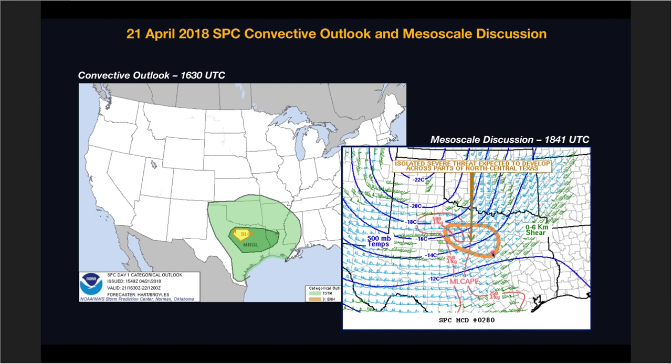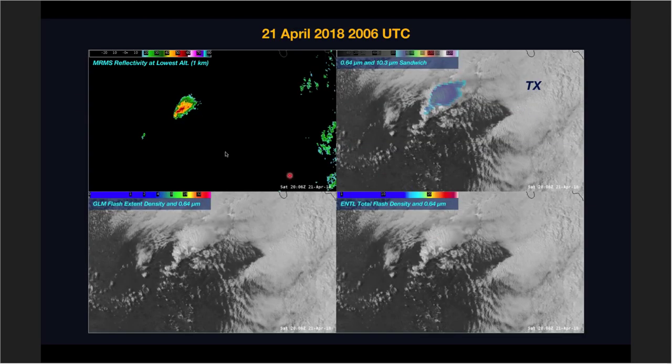I don't remember if a watch was ever issued, but there was an MD in this area as well. So this is where we're going to look. We're going to be pretty zoomed in. So it's basically west of Dallas-Fort Worth Metro, and then the third storm will be to the south of that area.